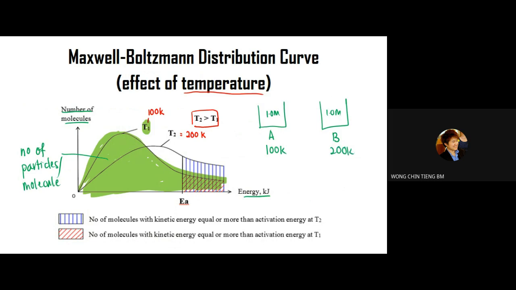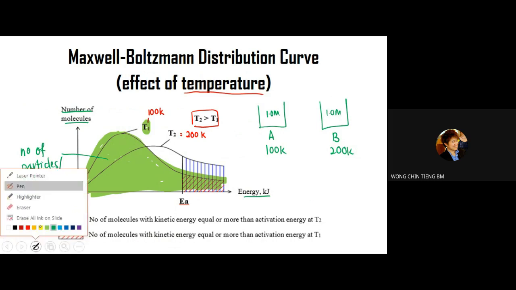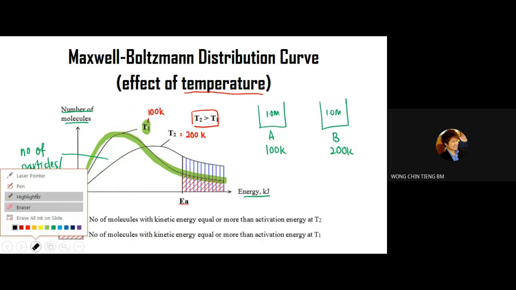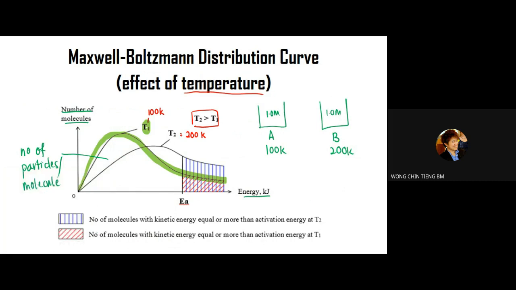Kalau concentration sama, bilangan particles mesti? Thank you. Therefore, if I say the area under the curve right now represent the number of particles, my question next, what? The area under the curve for T2 will be bigger than T1, smaller than T1, or equal to T1. Kenapa equal?